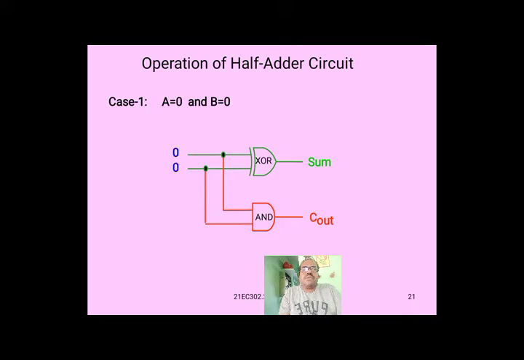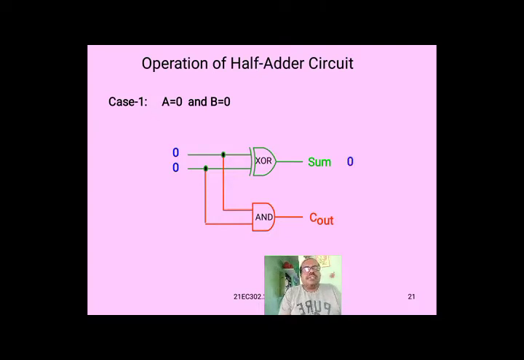Now operation of half adder circuit. Here see, we are taking the cases. Case 1, A equal to 0 and B equal to 0. Here we are giving the inputs 0, 0. For XOR gate, 0, 0 will be sum equal to 0.